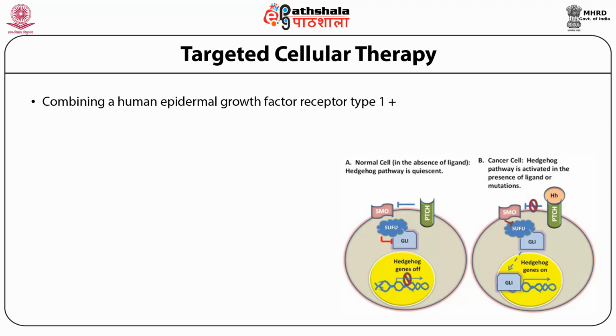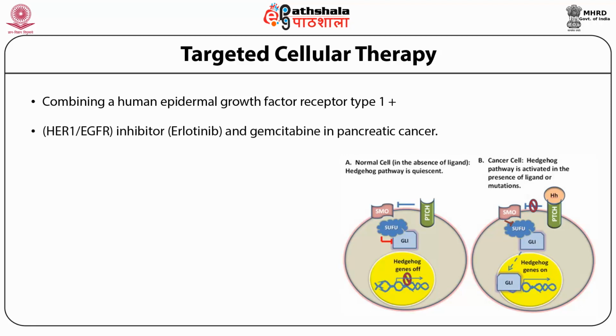In the case of hepatocellular carcinoma, hedgehog signaling is important in the development of cancer or liver cancer. Now, if we target a hedgehog inhibitor along with cellular therapy, hedgehog inhibitor infusion and cellular therapy infusion can reduce the HCC mass.